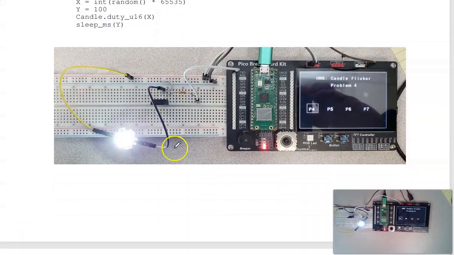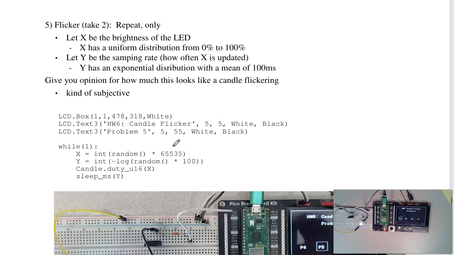What if I change that? Well, if I make x be a uniform distribution between 0 and 100, so there's x, let y be an exponential distribution with the mean of 100 milliseconds. So to do that, I take the log of a random number times 100, and here I got the parentheses in the wrong spot.